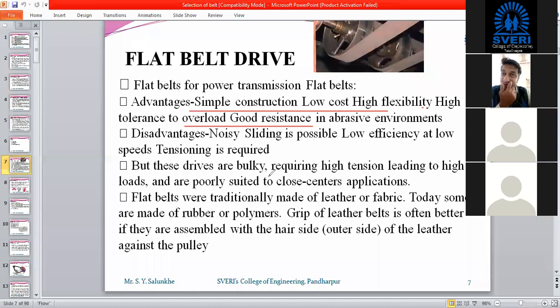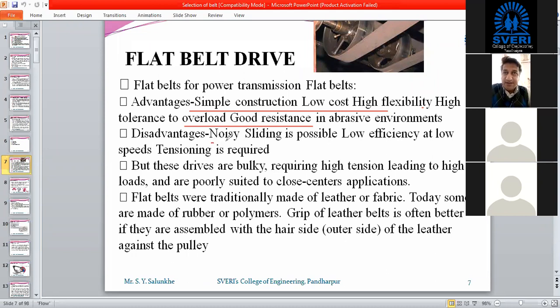They give good resistance to environmental conditions, and for power transmitted with the help of friction, they give better results if overload is going to occur.